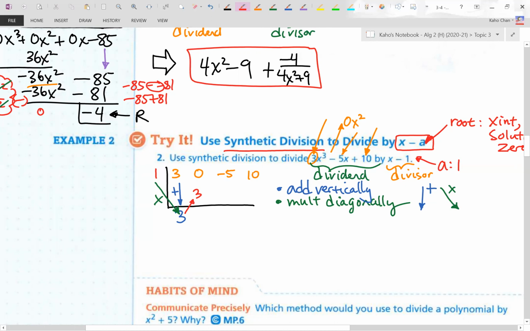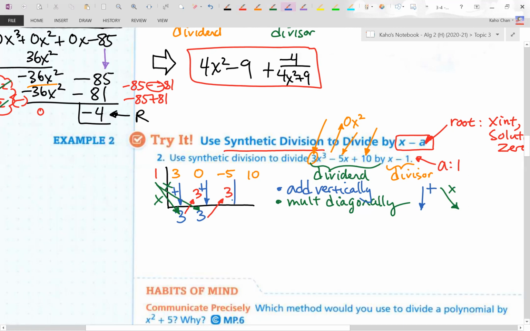And start all over with the second column. Add vertically, 0 plus 3 is 3. Multiply. 1 times 3 is 3. And then bring that answer up into the next column, like that. Okay? This is very strange, isn't it? But it's kind of like long division, but without variables.